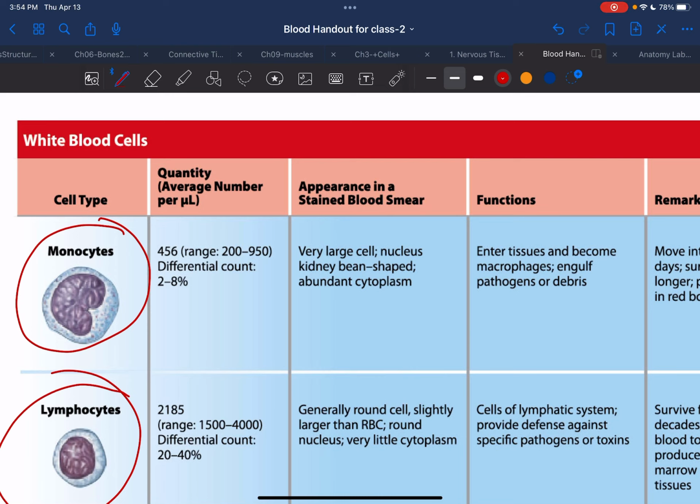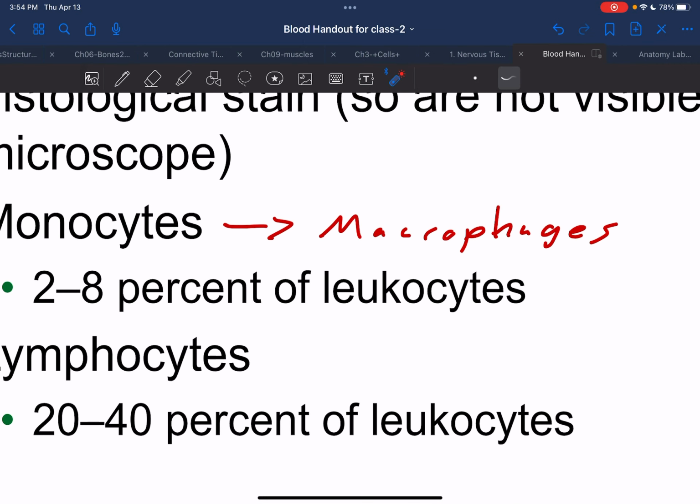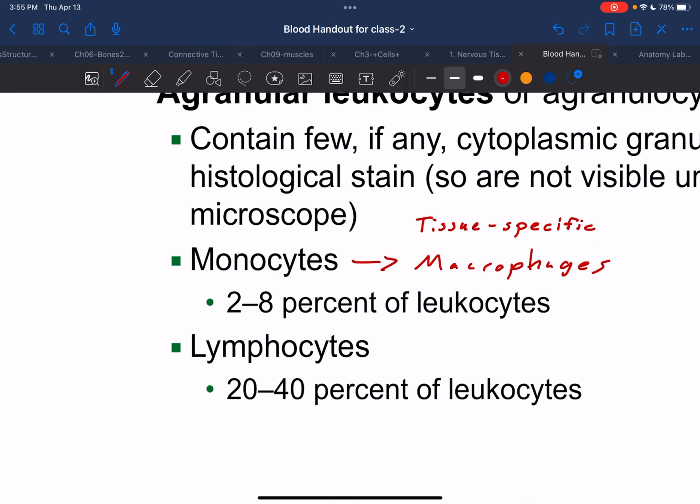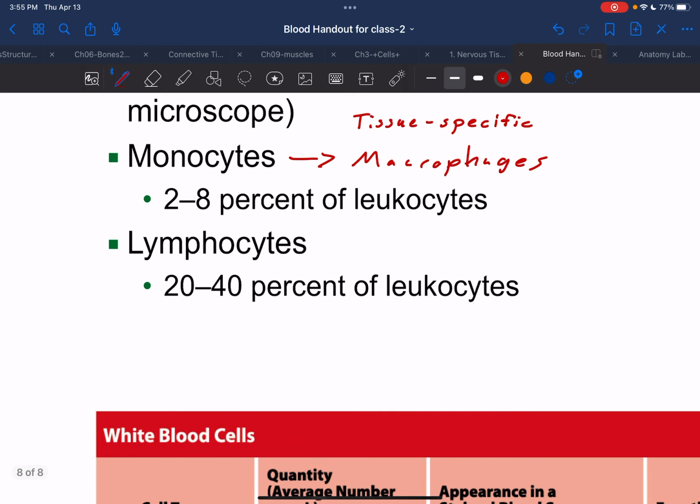That's why we should add here, they turn into tissue-specific macrophages. And then they stay there, and they become kidney defenders, lung defenders, a defender of whatever organ they're going to inhabit. But they start off as monocytes. And when they arrive at their tissue, they just transform into that tissue-specific macrophage.